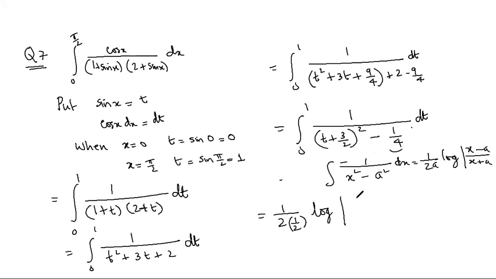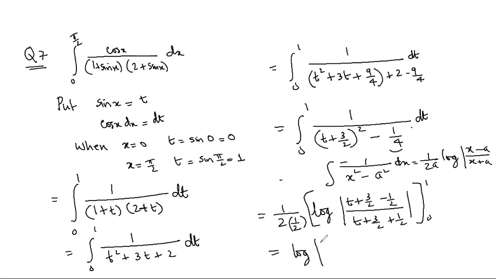Log of (t plus 3 by 2 minus half) upon (t plus 3 by 2 plus half), and the limit is from 0 to 1. Now they got cancelled here: log of (t plus 1) upon (t plus 2), limit from 0 to 1.